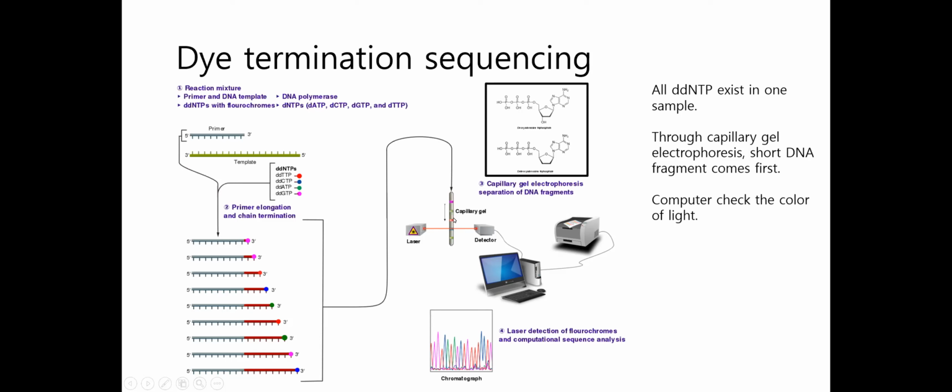Like ddATP emits green light and ddCTP emits blue light, like this. So the computer checks the color of light, and then we can know the sequence of the DNA by light. Thank you for listening.